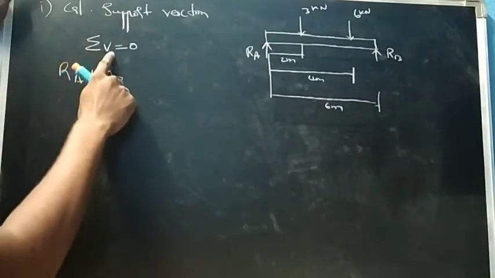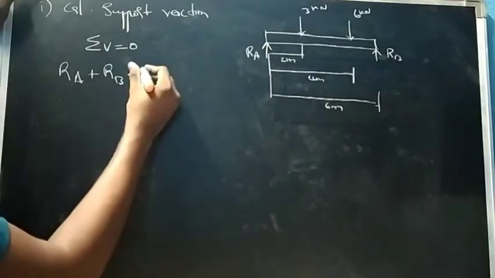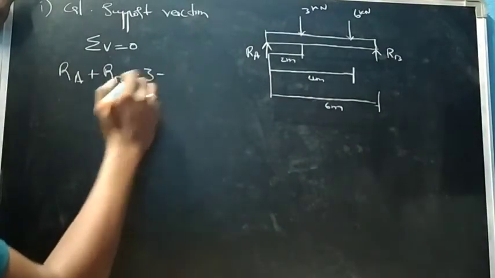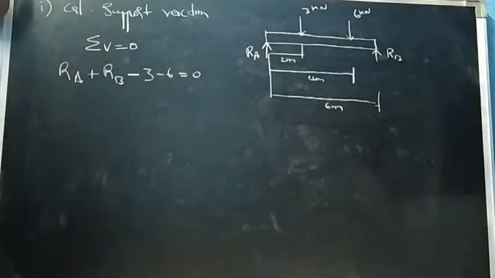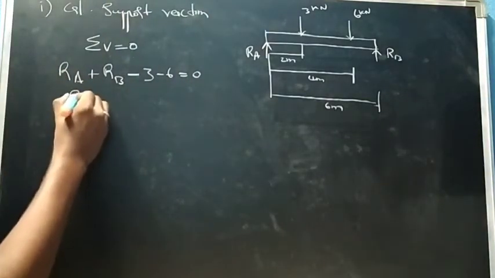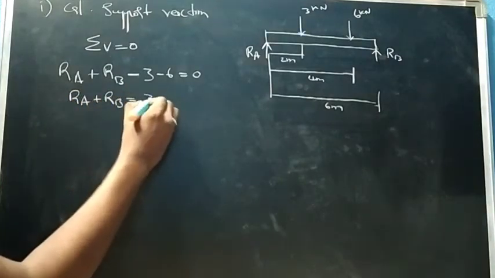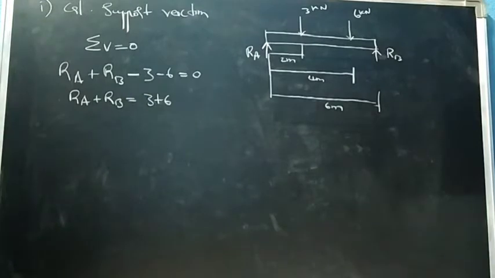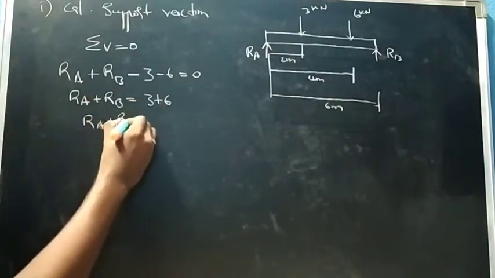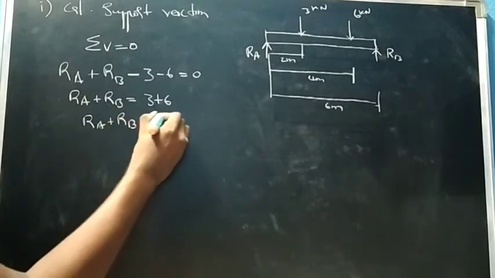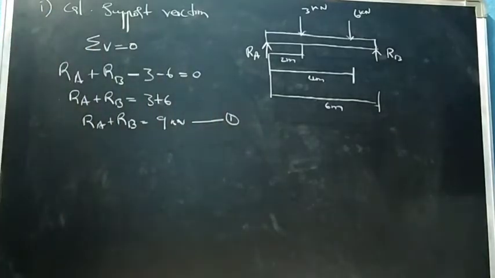So summation of V equals to 0: RA plus RB minus, because it is downward direction, 3 kilonewton minus 6 kilonewton equals to 0, right. Next, RA plus RB equals to 3 plus 6. From this we can get RA plus RB equals to 9 kilonewton. Let's say this is equation 1.